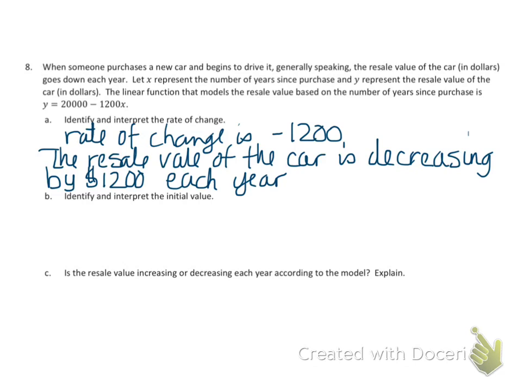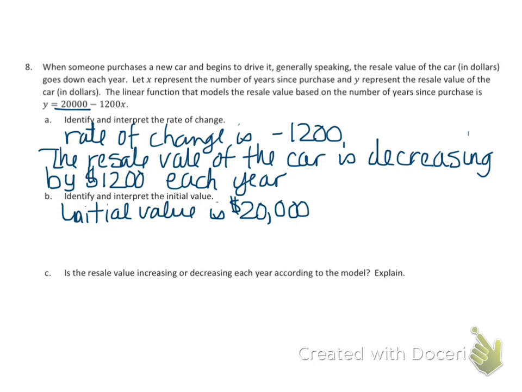So now let's identify and interpret the initial value. The initial value is the constant. It's the number that doesn't have a variable attached to it. And that would be this one right here, right? Initial value is $20,000. And what does the initial value represent?